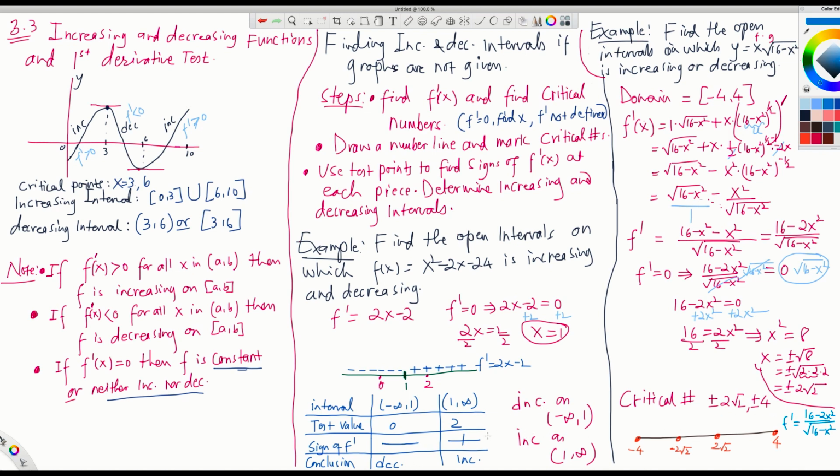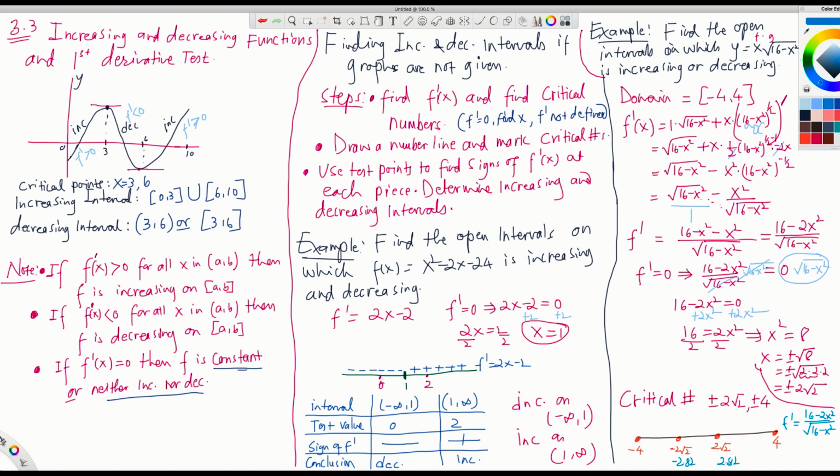What is negative 2 root 2? How much is that value? 2 times the square root of 2 is basically 2.82. So this value is negative 2.82, and this is positive 2.82.